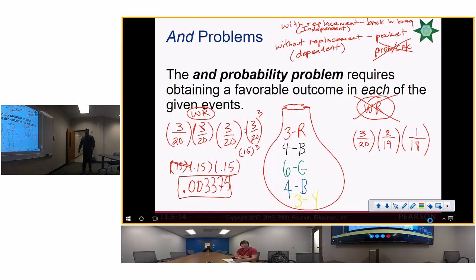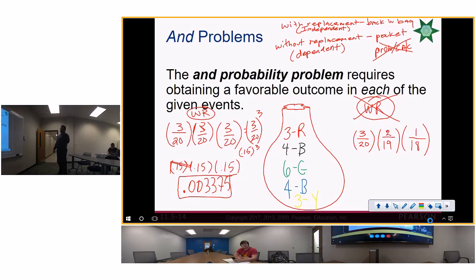Now you can't do it any shorter way. You're going to have to do parentheses, 3 divided by 20, close parentheses, times parentheses, 2 divided by 19, close parentheses, times parentheses, 1 divided by 18, close parentheses, and hit enter. And what do you get? Give me 4 or 5 digits.